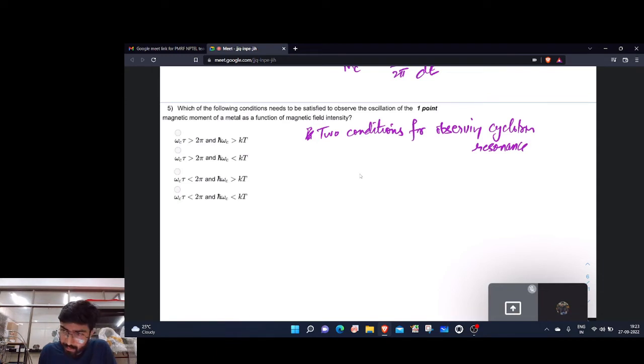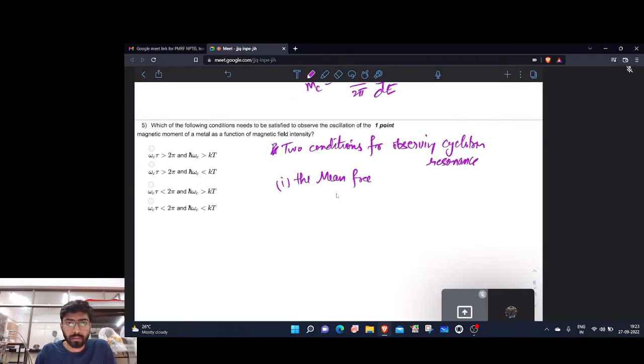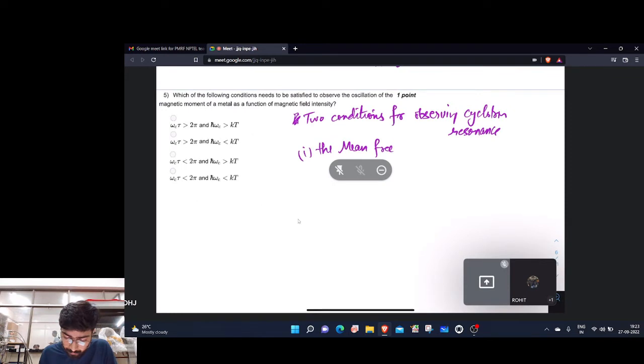The first condition is that the mean free path of the electron should be large enough that it can complete one full cycle. So in the time of completing one cycle, there should not be any collision.